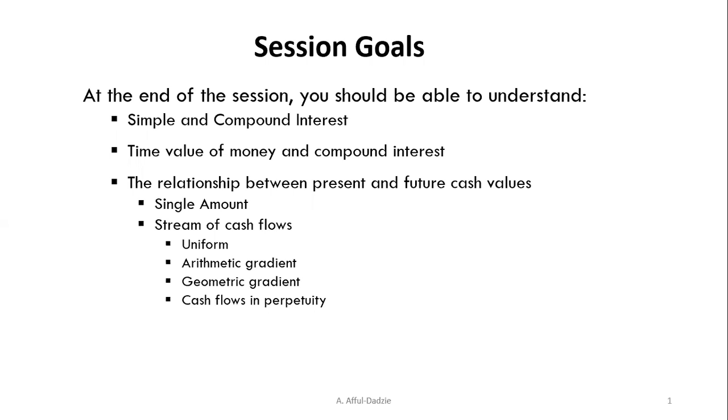On the average, if you were given, let's say, $100,000 today, and you do not have any plan immediately for the money, the first thing that would come into your mind is to find a bank to keep that money.